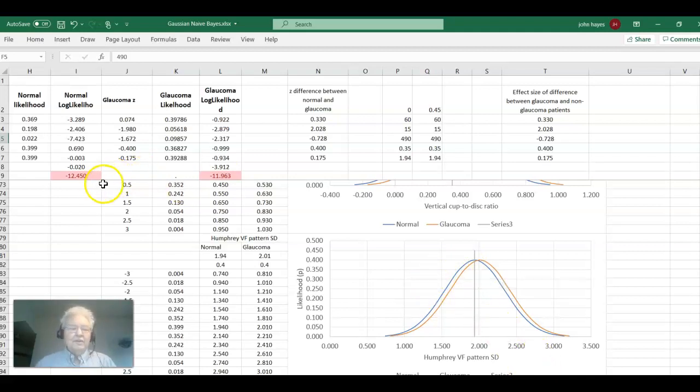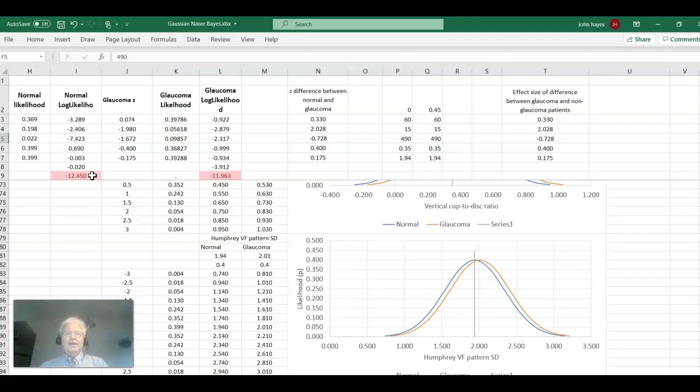Now, if you were as close as 12 and 11, you probably wouldn't change your practice too much. So what is commonly said in your classes is you get somebody that has maybe a high IOP at 23, 24, 25, something like that, maybe even higher. You're going to say, we're going to follow them.